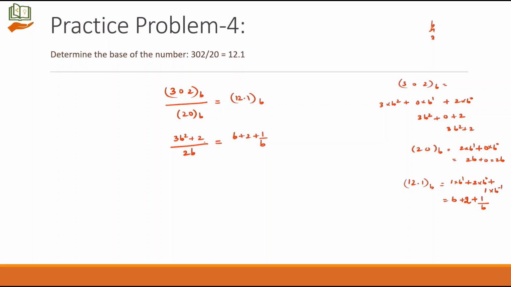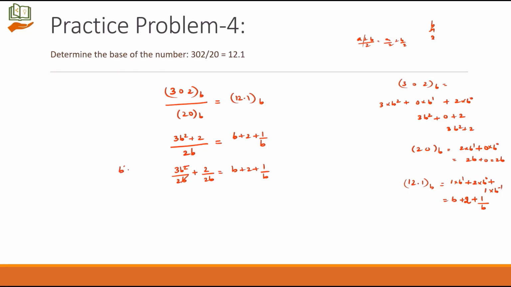We will split the numerator into 2. So this is like a plus b divided by 2. We can write this as a by 2 plus b by 2. Similarly, we will write it as 3b square by 2b plus 2 by 2b, which is equal to b plus 2 plus 1 by b. Now I can strike out 1b here.